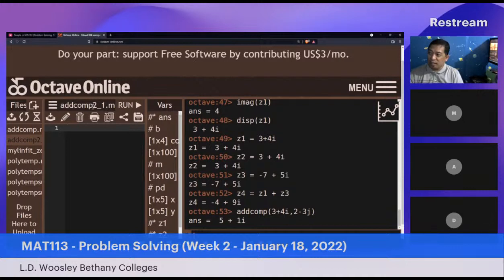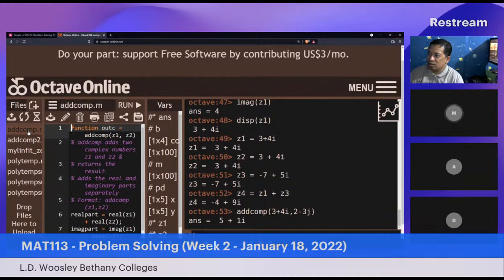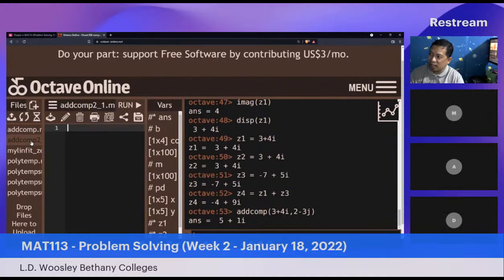Nakikita nyo yung laman ng script sa inyong browser mismo? Yung Octave po. Pero yung Add Comp 2, yung laman niya. Kasi itong kaninang ginawa ko, may laman. Ito sir, yung wala. Pero yung in-upload ni Micaela, yun, hinihintay kong magkalaman.